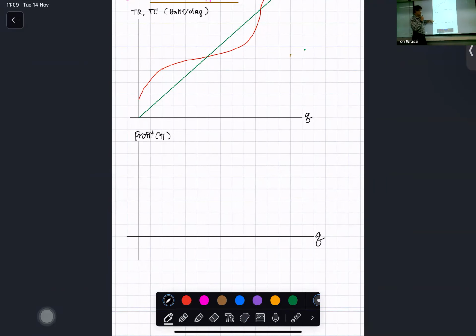Prepare another one here too. We will draw the profit curve as well here.